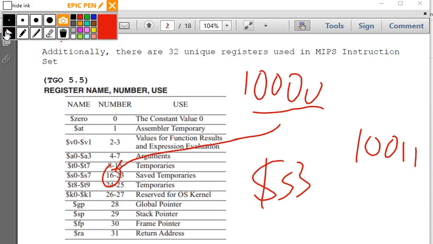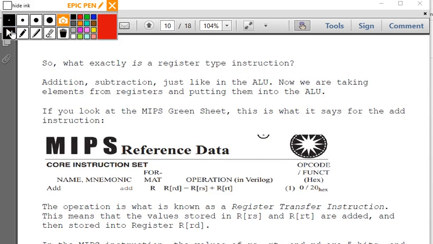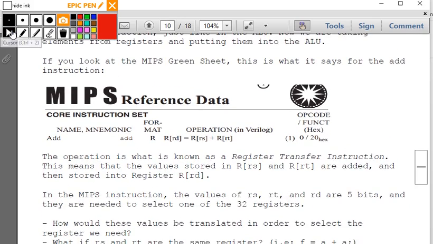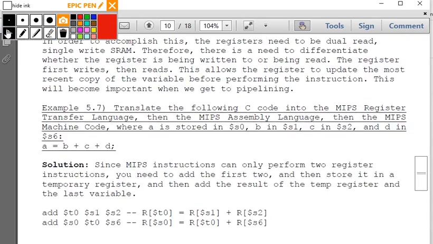So going back to where we were before, I just described all the things. If RS and RT are the same register, that's fine because we just have 2 values in the same instruction. I probably could have deleted this paragraph because I've drilled dual read, single write SRAM into you guys pretty well, right? So the reason you need to do that is because of dual read, single write SRAM, but we have accomplished that in previous sections.